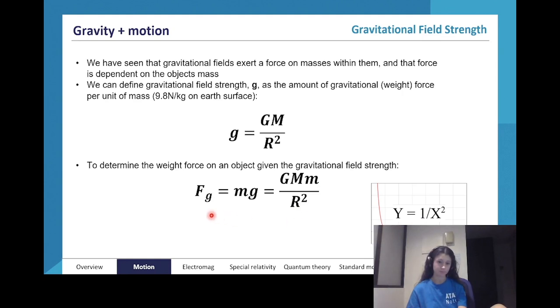So this tells us the strength of the gravitational field, the 9.8 meters per second squared. That's the acceleration, the 9.8 newtons per kilogram. And this one tells us the force that an object is going to experience as a result of that gravitational field strength. Of course, the force is going to be in newtons.